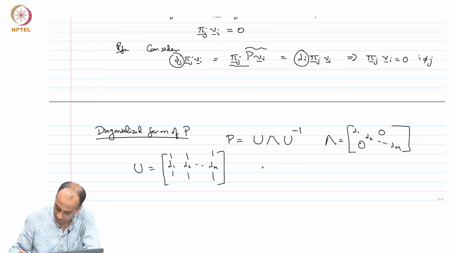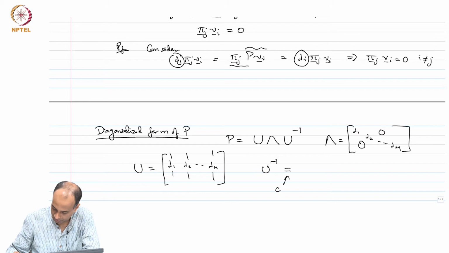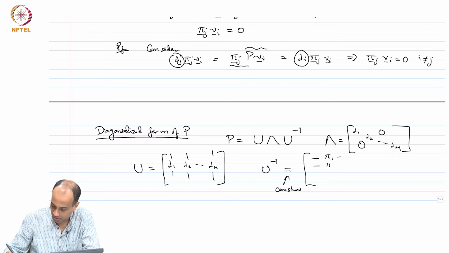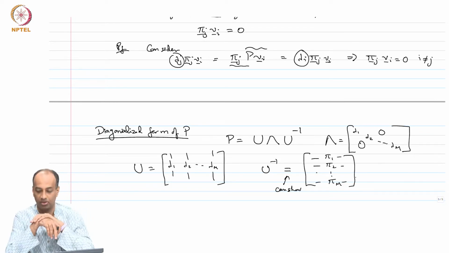Now, what is U inverse? Okay. So, what you can show using the above lemma is that U inverse, which is in this equation, will simply turn out to be the matrix in which all the left eigenvectors are arranged in their rows. Okay.